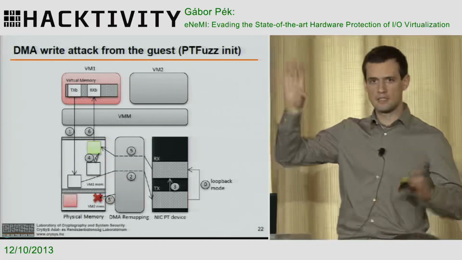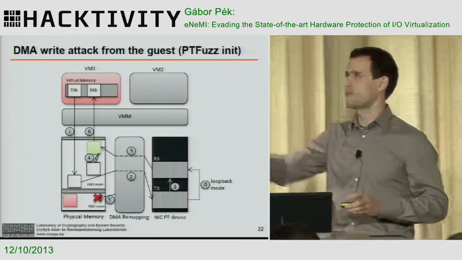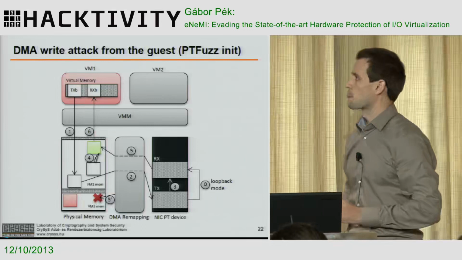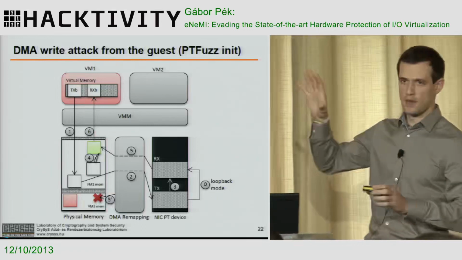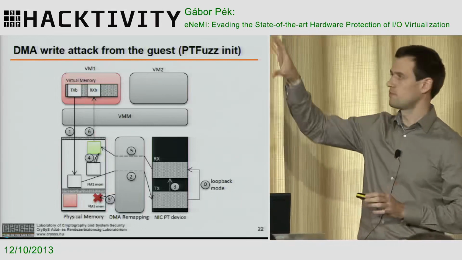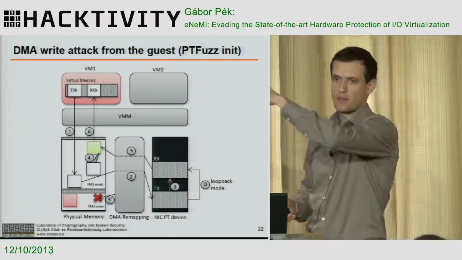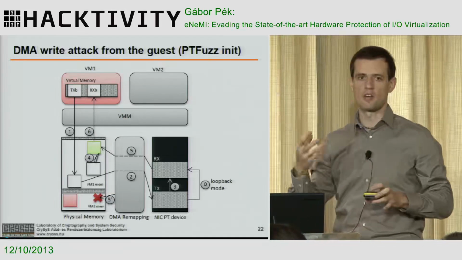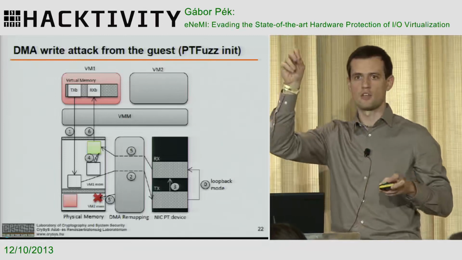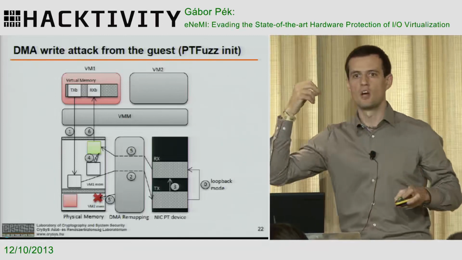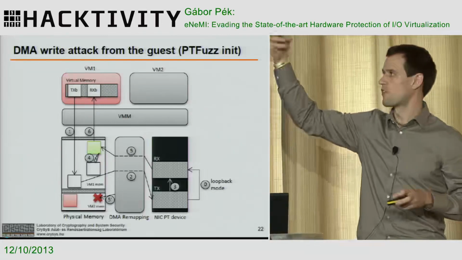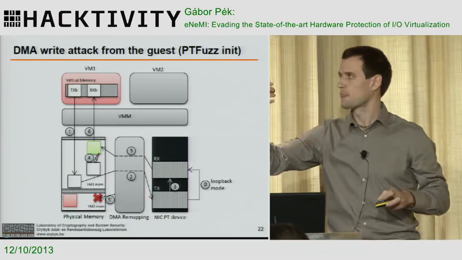So let's see the initialization phase of PTFuzz. This is the fuzzer. The components: first of all, you have a VM. It has virtual memory, and it has two buffers. A TX buffer, which is the virtual buffer used to store the bytes that you want to send, and the RX buffer, which receives the bytes you want to receive.